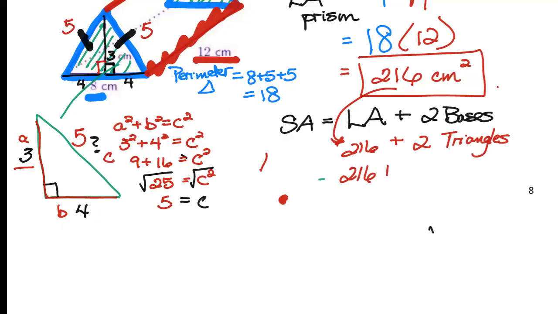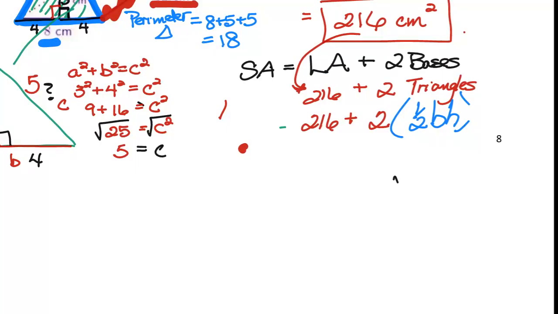So that is 216 plus 2 times the area of a triangle, which is 1/2 times the base of the triangle times the height of the triangle. When you multiply 2 times 1/2, all of these are going to cancel out, the 2's and the 1's, and you're left with base times height.